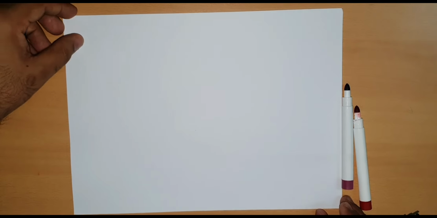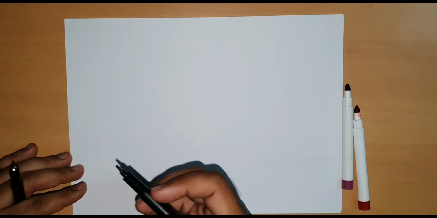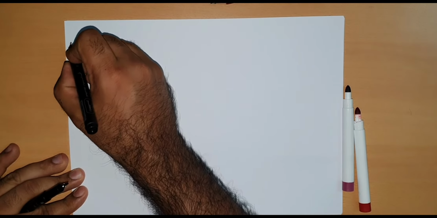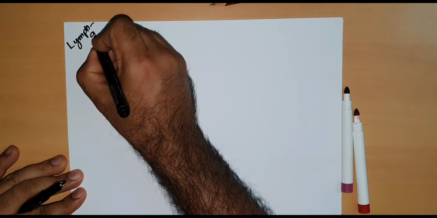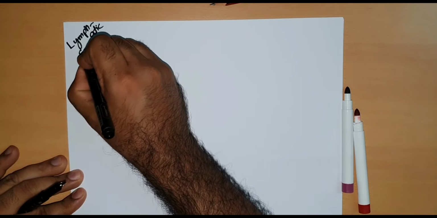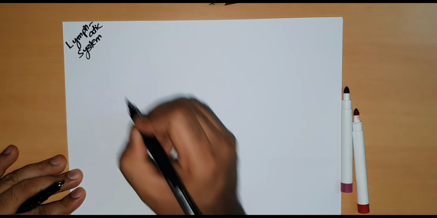Now for your understanding, I will draw a small diagram of this again, so that you can understand what is actually happening in real time. Right now, we will discuss the lymphatic system.